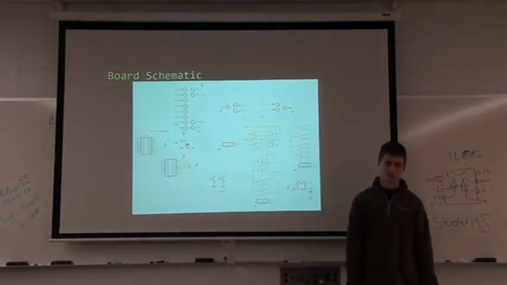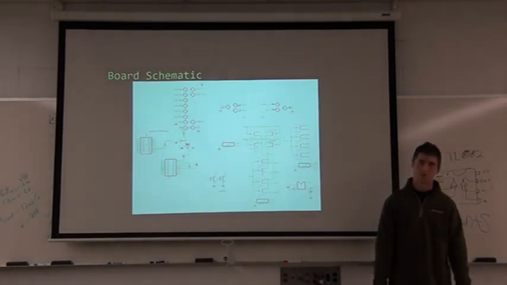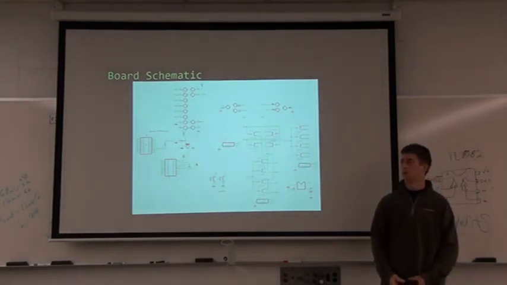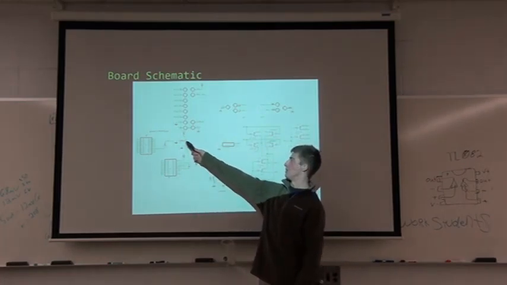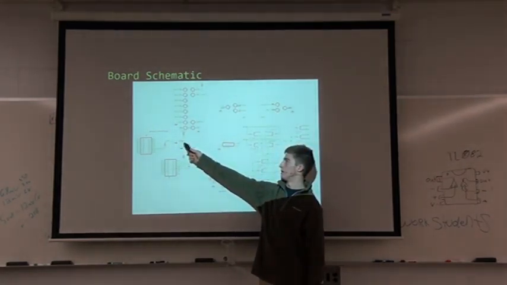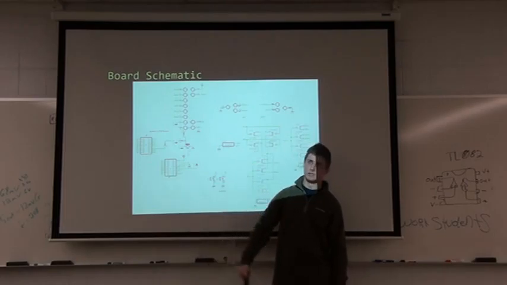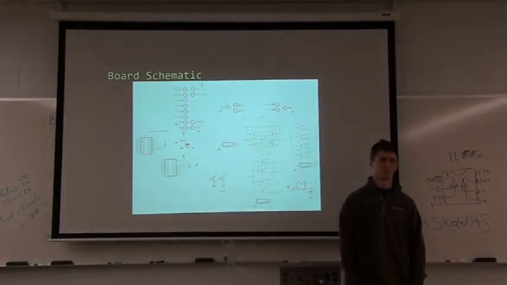I could make it 100 k to ground. That's just there so that then when the radio turns off, the gate then discharges to ground, so that then it turns the switch off.